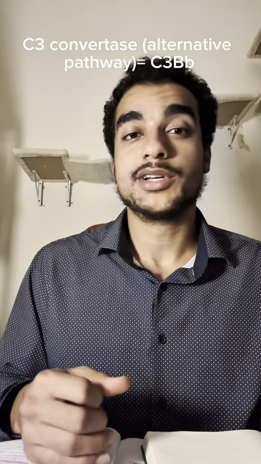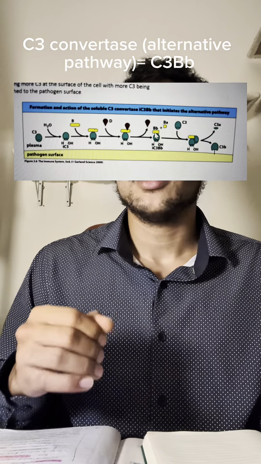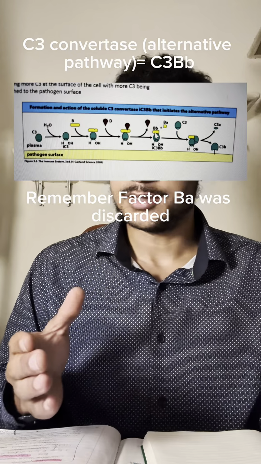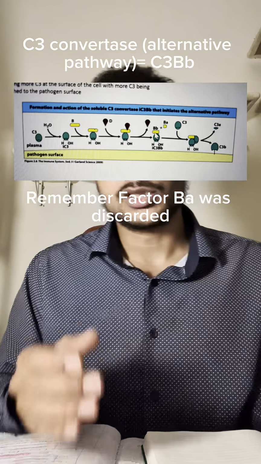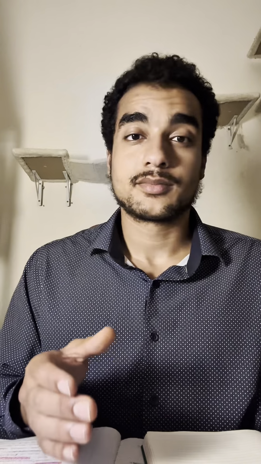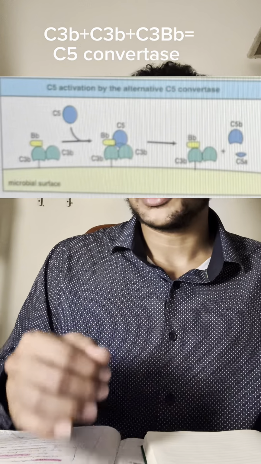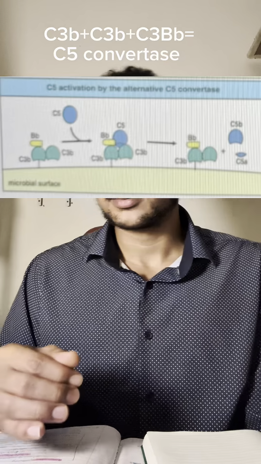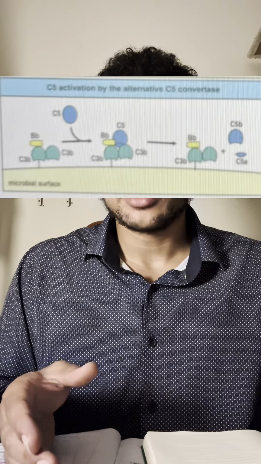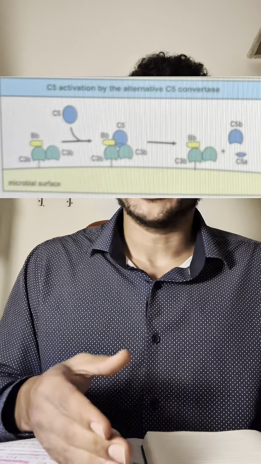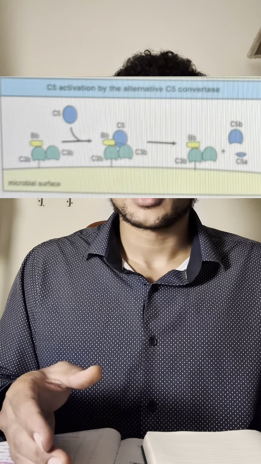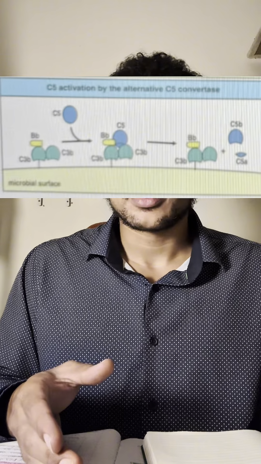Okay. Now for the alternative pathway, the C3 convertase is C3b factor B, right? So it's going to be two C3b's and C3b. You're gonna have the C3 convertase binding to another C3, making it C3b.